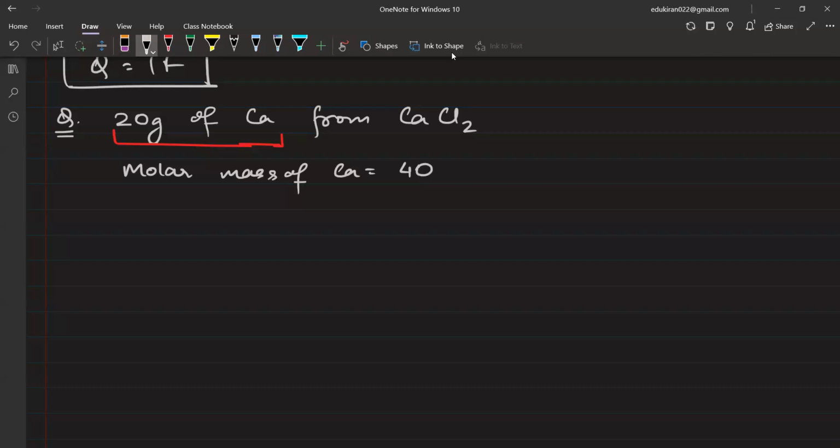After calculating the number of moles, you will just write the reaction and calculate the change in oxidation state. Yeah, correct. Shahid, very good, correct.